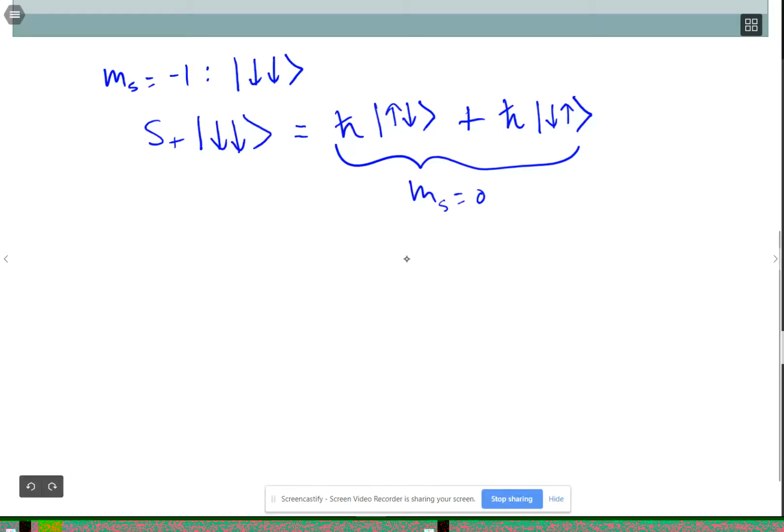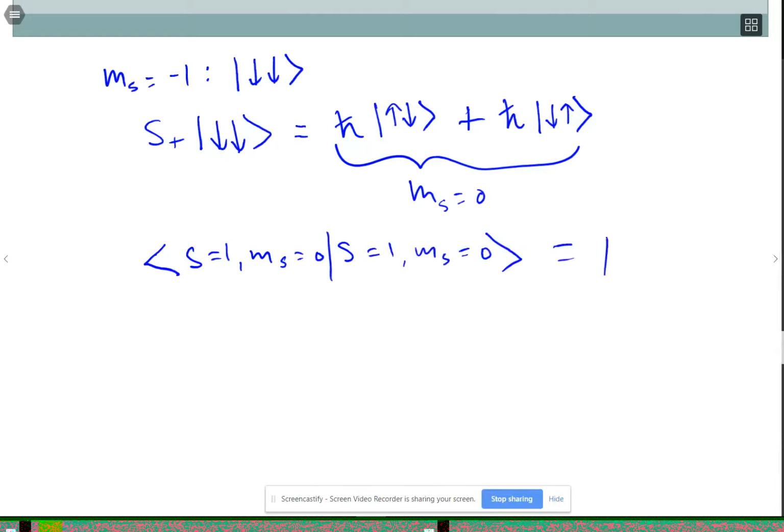But I need to have my s equals 1, m sub s equals 0 state, and that needs to be 1. The integral thing you were talking about can be written in shorthand like this, and it's still got to be this. So the integral is when you have a wave function you can integrate, but this is going to be correct even when you don't.